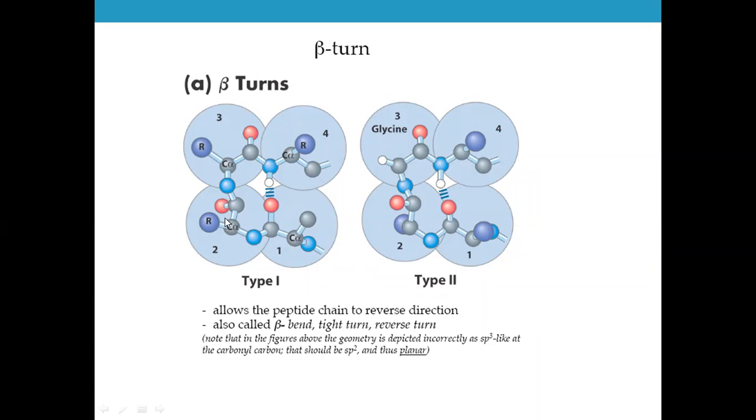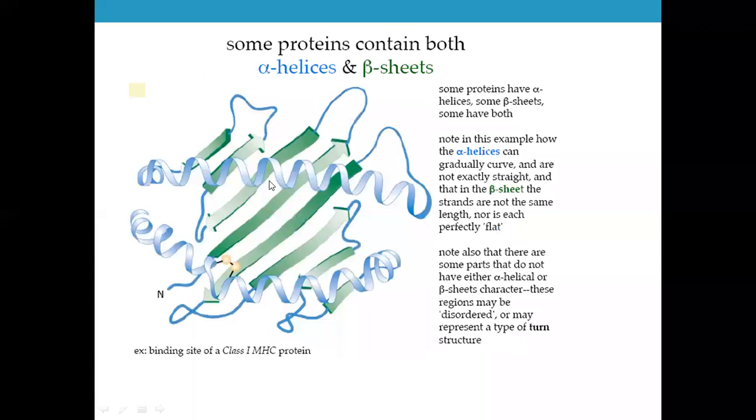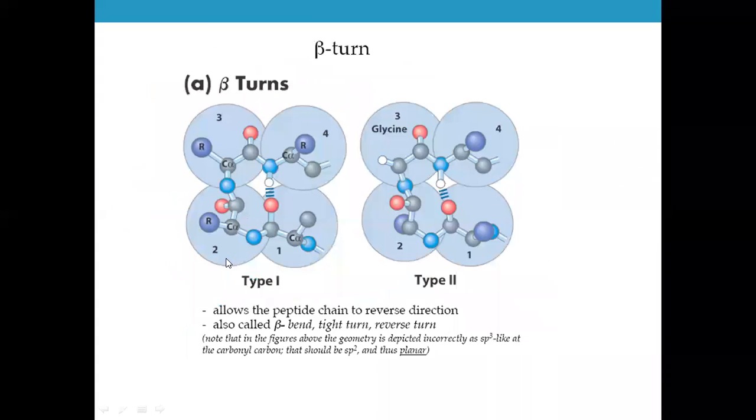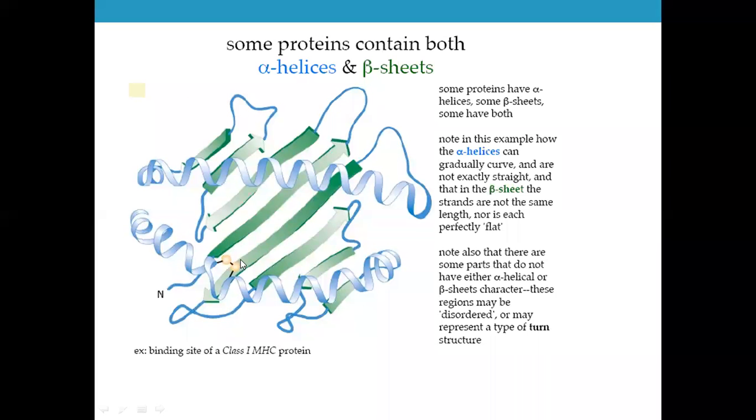Here you have 1, 2, 3, every 4 amino acids away. Then there is what you call a beta turn. In the beta turn, it is stabilized again by a hydrogen bond. It turns away a little, from here.